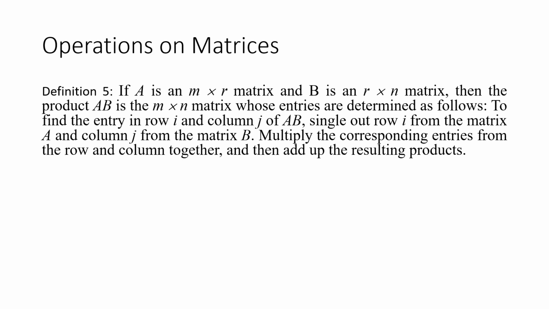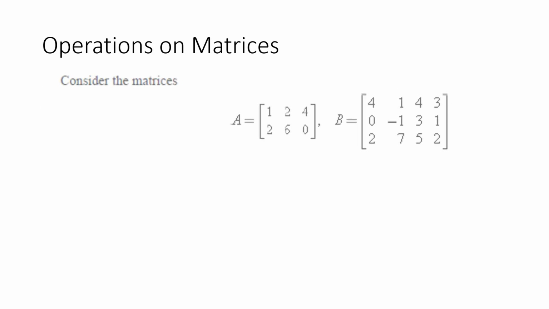So let's have an example. Consider this one. You have matrix A and matrix B. Since matrix A is a 2 by 3 matrix and matrix B is a 3 by 4 matrix, the product AB would be a 2 by 4 matrix.